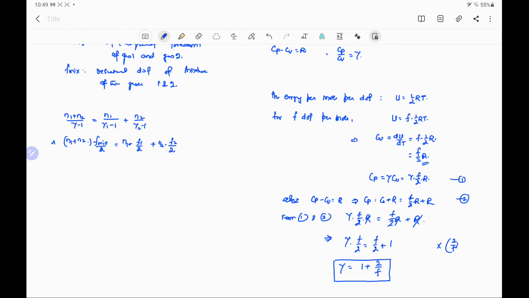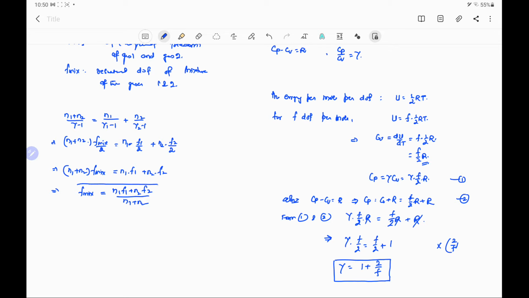And here 2 is common in both the left hand and right hand side and gets cancelled. Finally, we write N1 plus N2 into F mix, the degree of freedom for the mixture, is equal to N1 into F1 plus N2 into F2. Hence, F mixture, the degree of freedom of the mixture of the two gases, will be equal to N1 F1 plus N2 F2 by N1 plus N2.